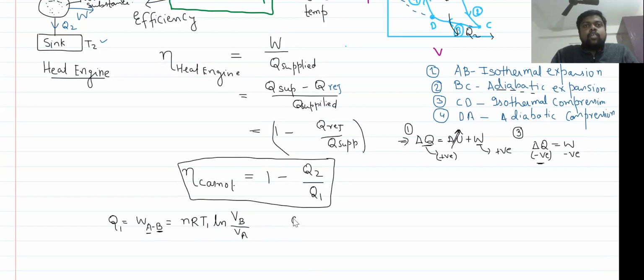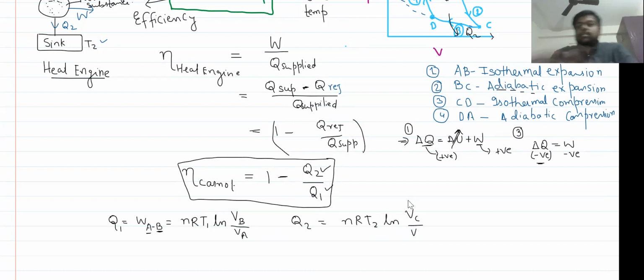Similarly for Q2, we are just interested in the magnitude. The magnitude is nRT2 ln of, here we are interested in only the magnitude because the minus sign we have already taken care of; we have already written minus for negative. So the magnitude is always positive. So you have to write the volume VC by VB.